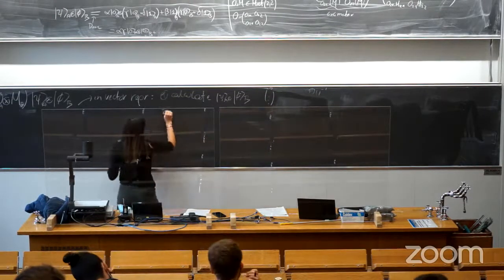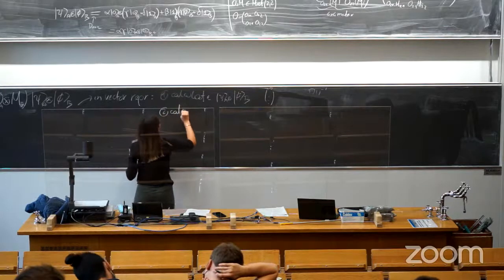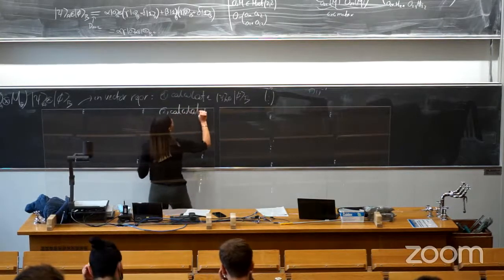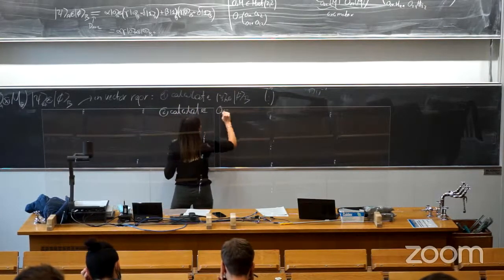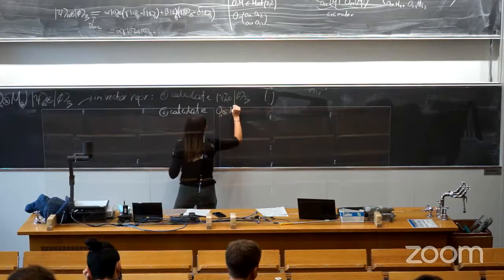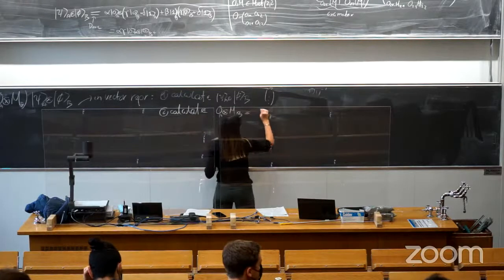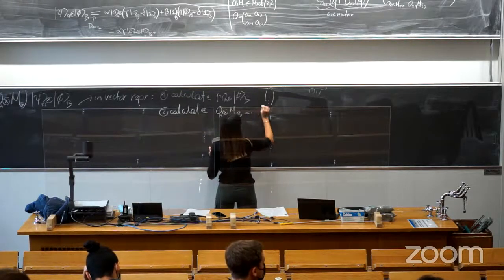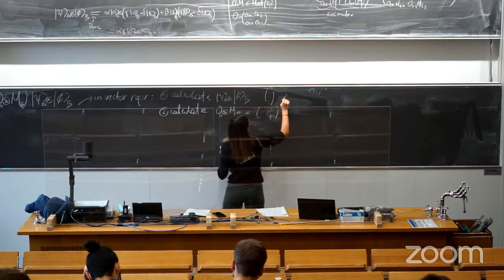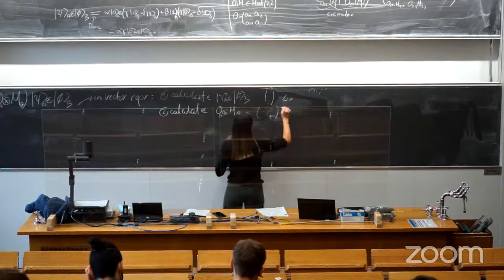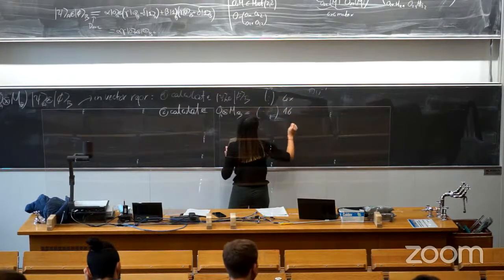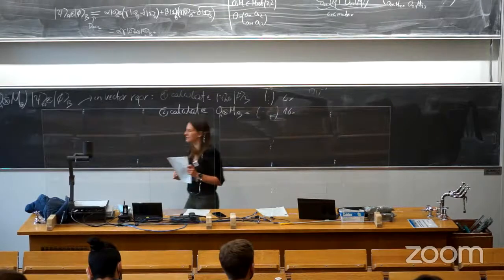Then calculate O tensor product M, and this will be a matrix. Here I have to do 4 multiplications, and here I have to do 16 multiplications.